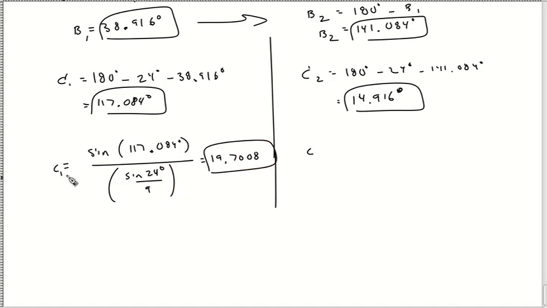That was C1. C2, same thing. I'm just replacing this 117 with the 14.916, so I'm just going to do similar. And I got 5.6957. That's good enough. There's your two different answers there.